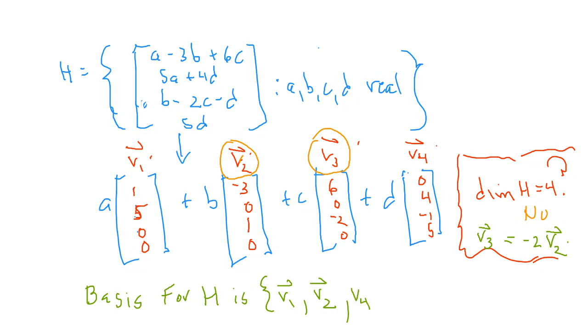What about V4? Is V4 linearly independent of V1 and V2? Absolutely. For V1 and V2, the fourth coordinates are zeros. For V4, the fourth coordinate is non-zero. So this is a basis, and it's linearly independent. So then what's the dimension of our space H?